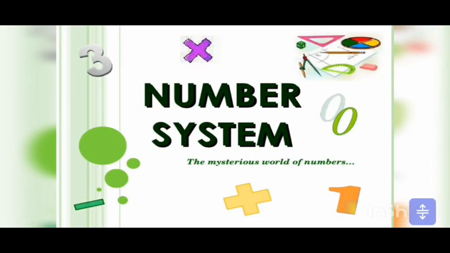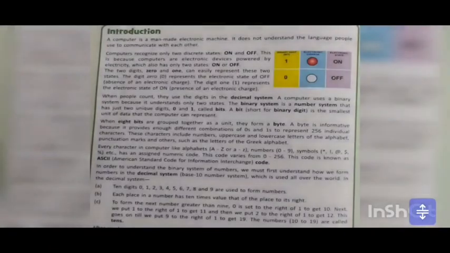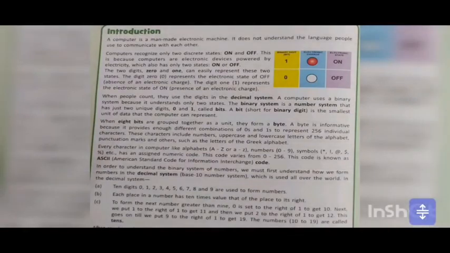For this, a computer works on two discrete states, that is on and off, which means 0 and 1. It can easily represent these two states. Off is for 0 and 1 is for on.